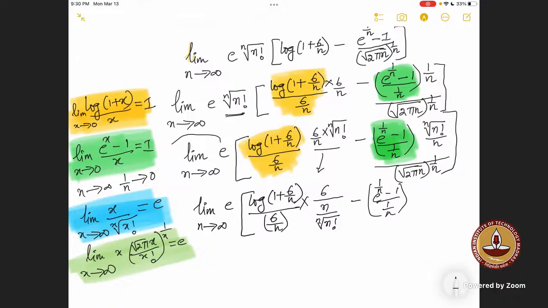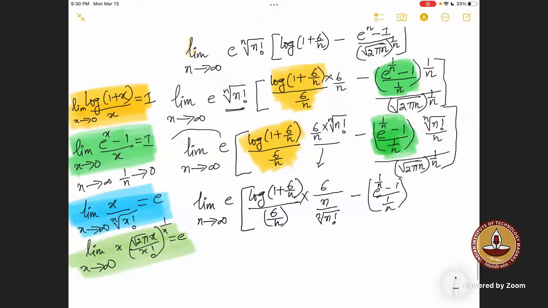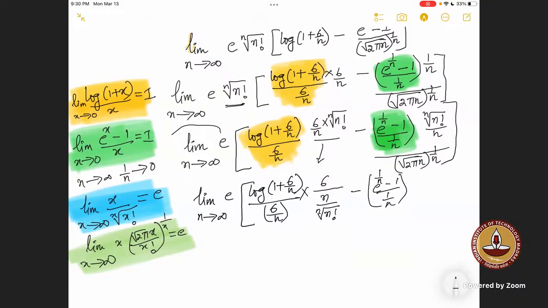Now tell me what changes we have to make here. We have to bring n factorial in the denominator of the denominator. In order to use the last formula, limit x tends to infinity, this one, let me write.